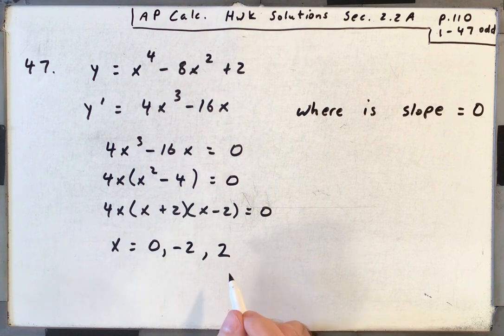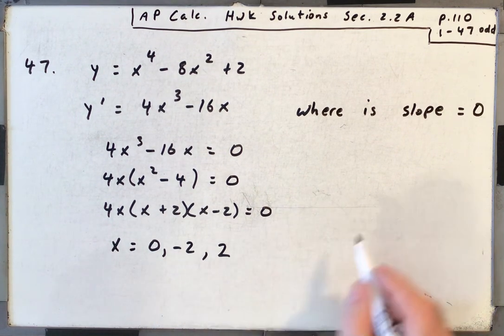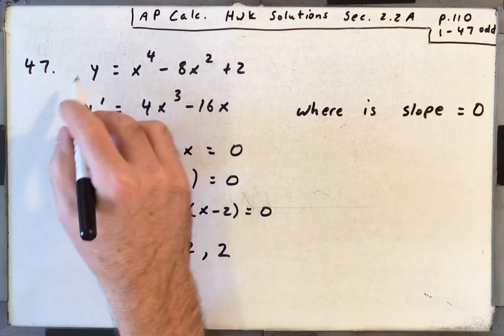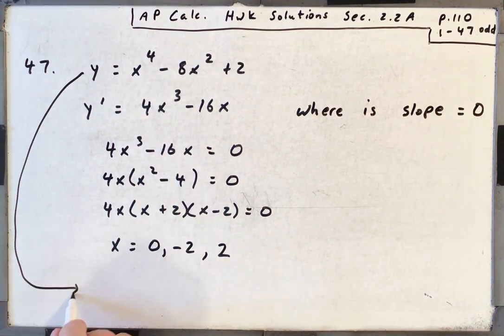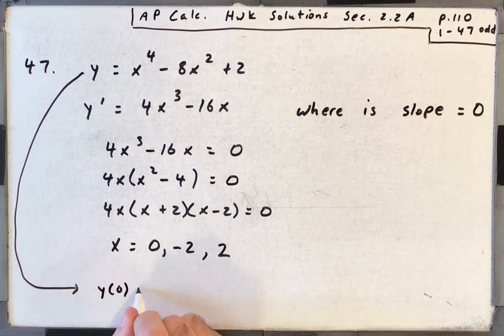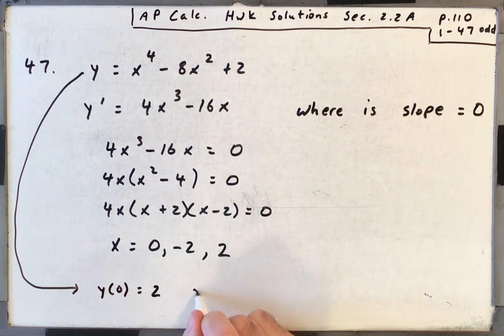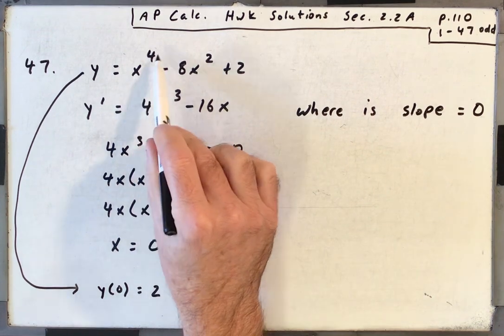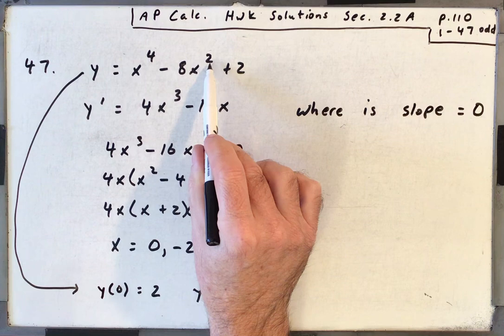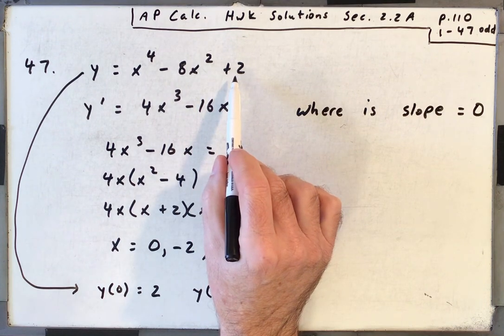Okay, if it said determine the point, so we have to get the y value. So for the y values, we have to go back to the original equation. So y of 0 would be 2. Plug a 0 in. y of negative 2 is going to be negative 2 to the 4th minus 8 times negative 2 squared plus 2.